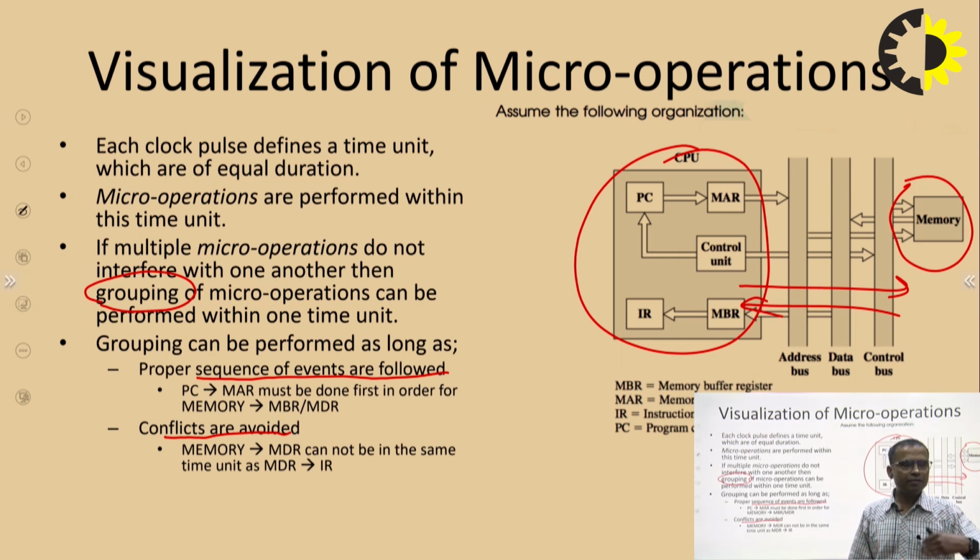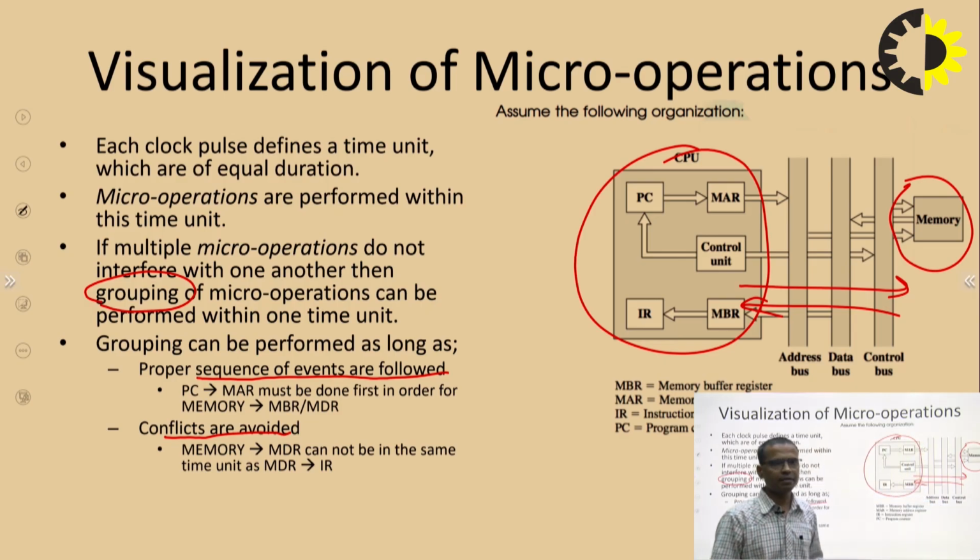And if there is a sequence of statements that can be executed together, they are non-conflicting, and they can be clubbed together and done at the same time. In that way we are saving time for executing a particular set of micro operations. Conflicting operations will not execute together, and non-conflicting ones may be grouped together.